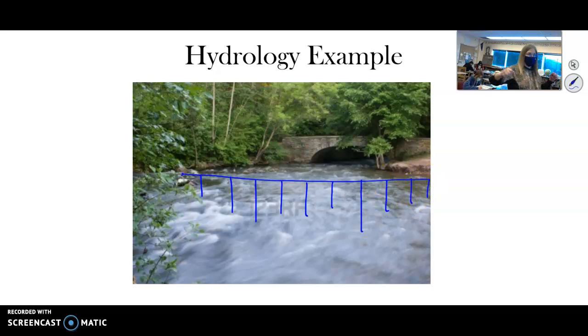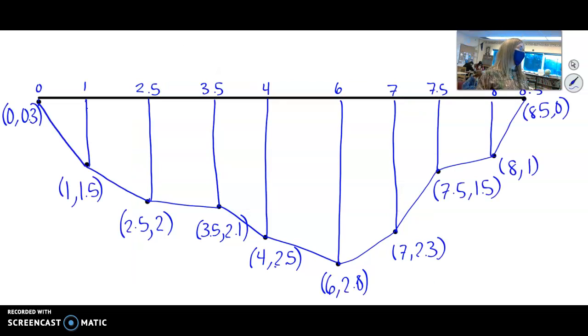We take a tape measure, put it straight across like this, and every foot or so we'd measure with a meter stick to see how deep the water is. And then we take that data and estimate the cross-sectional area of that water by the trapezoid rule. So we don't have an actual equation for it.